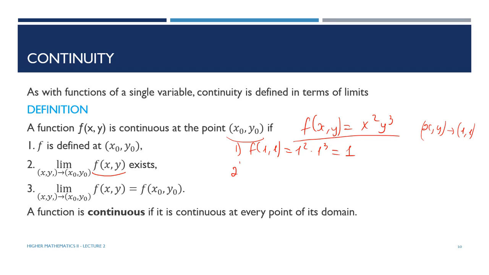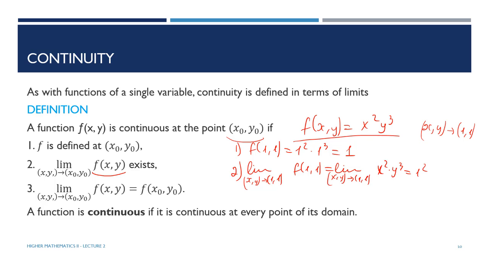Okay, the second one says the limit as x, y tends to 1 and 1 of the function. I'll copy this again. Limit as x, y tends to 1 and 1 of x squared times y cubed.